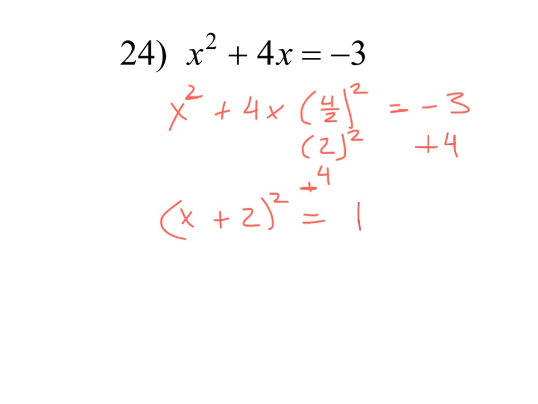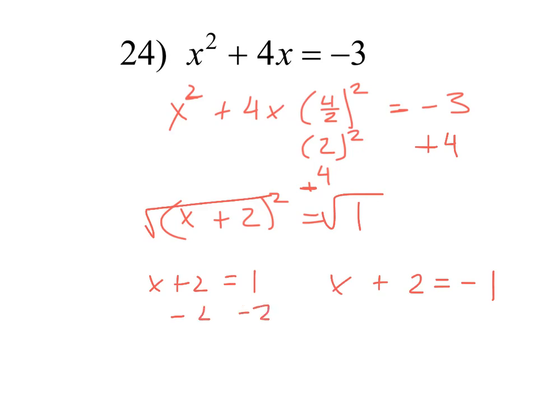So 1. Perfect. So x plus 2 is equal to positive 1, and x plus 2 is equal to negative 1. Now what do we do? So we're subtracting 2. Since it's being added, we need to subtract it to get rid of it. So we get x is equal to? And x is equal to? Negative 3. Perfect.